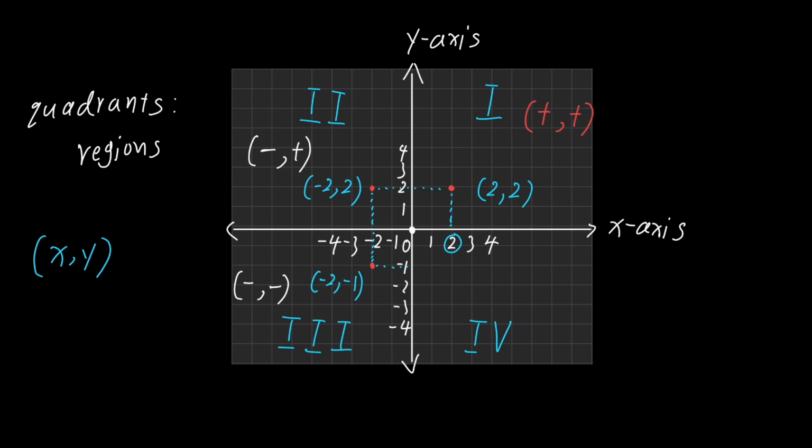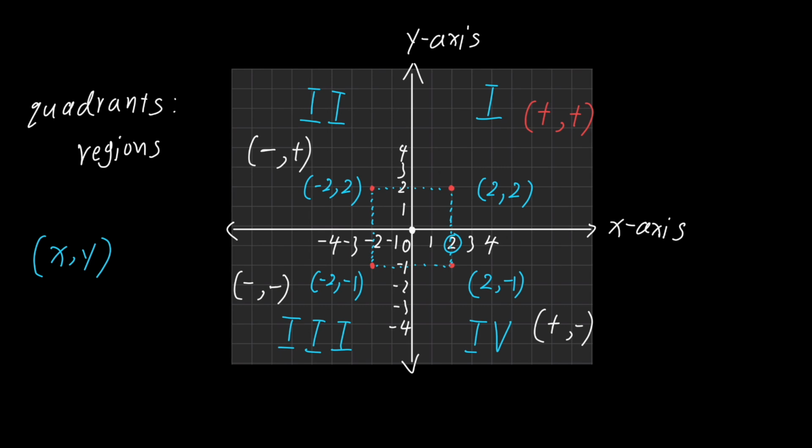And the last one, in this fourth quadrant, we draw this dotted line, and we see that the x value is 2 and the y value is -1. So the general form is positive, comma, negative. That's the sign for the points.